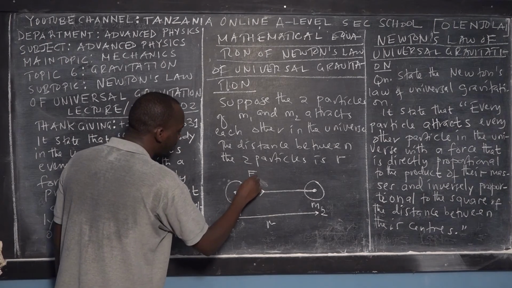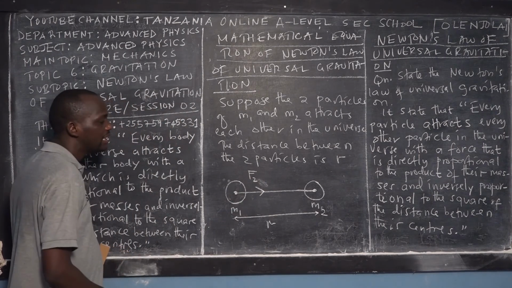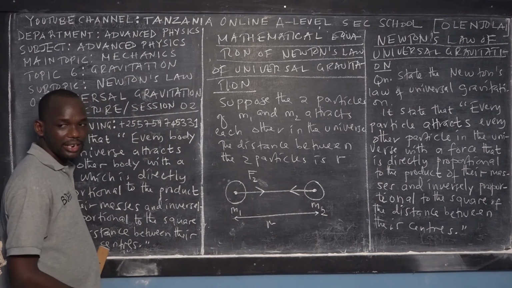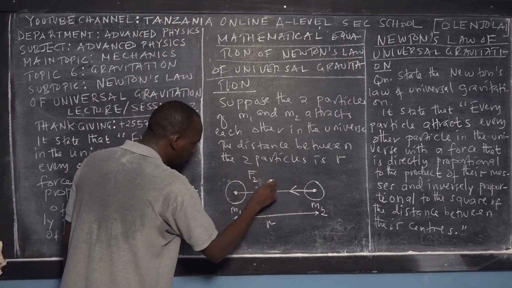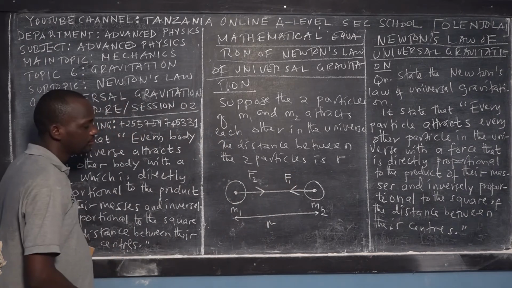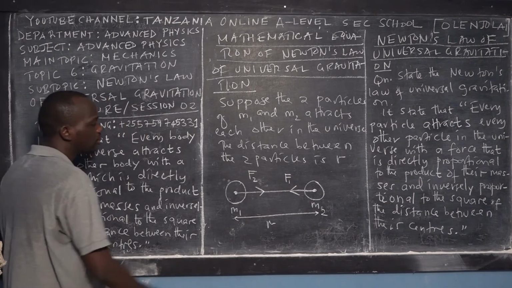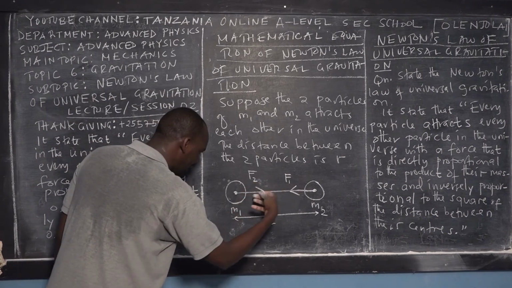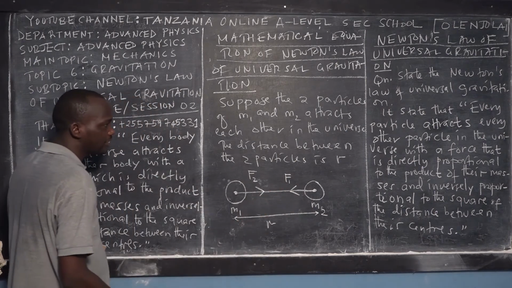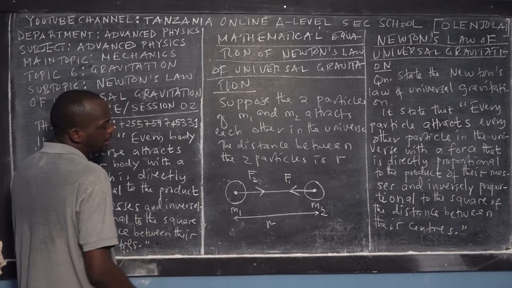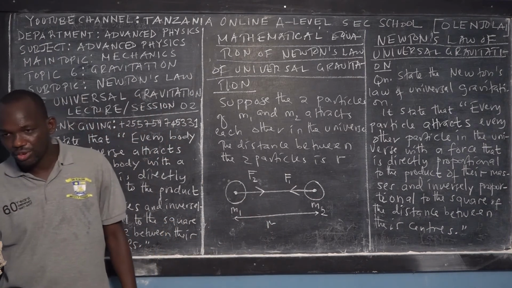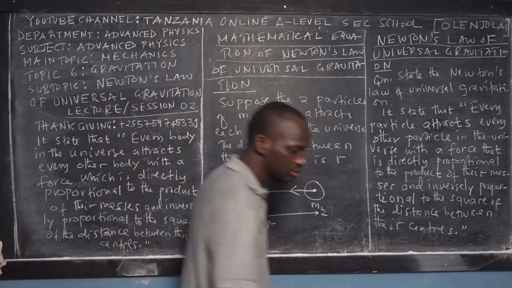Just to simplify the concept, this is equal to F2. Again, mass 2 is being attracted by mass 1, in the opposite direction. This we label as F1. And this is the distance. We will be discussing later the investigation of what is happening to these forces in opposite directions. But I would like just to establish the mathematical equation of Newton's law of gravitation. Okay?